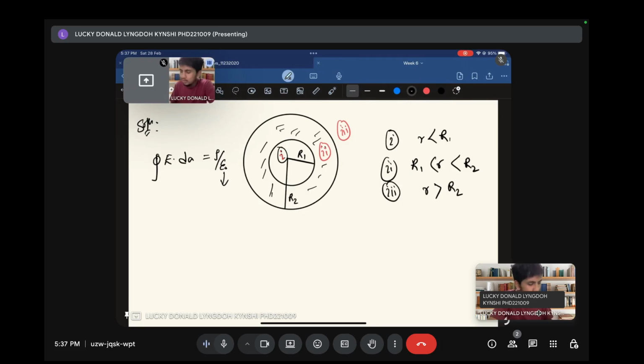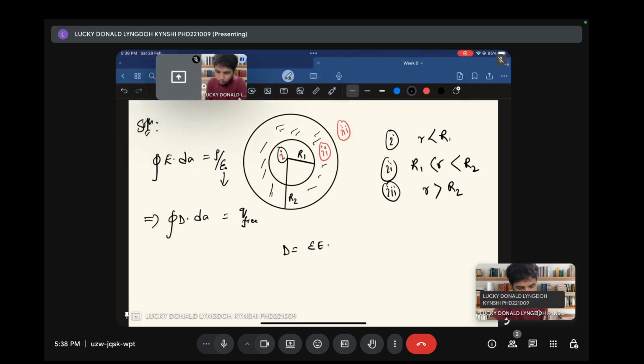But if it is not a vacuum, then you can write the same equation as the integral of D dot dA equal to q free, where D is equal to epsilon times the electric field. So D dot dA is actually the free charge q.